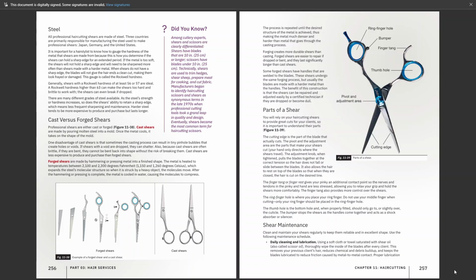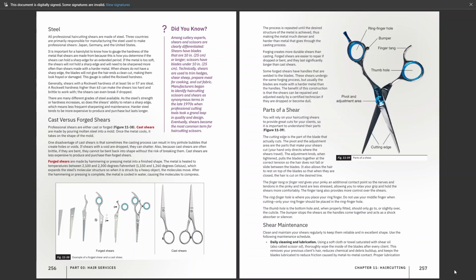If shears with a void are dropped, they can shatter. Also, because cast shears are often brittle, if they are bent, they cannot be bent back into shape without the risk of breaking them. Cast shears are less expensive to produce and purchase than forged shears.